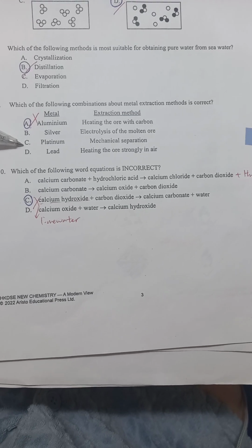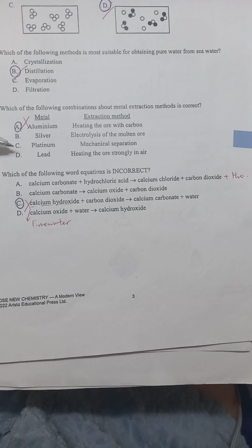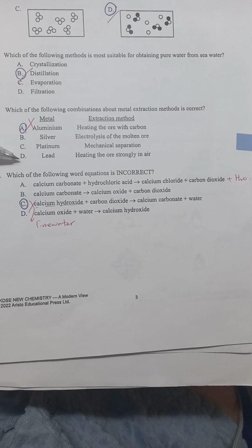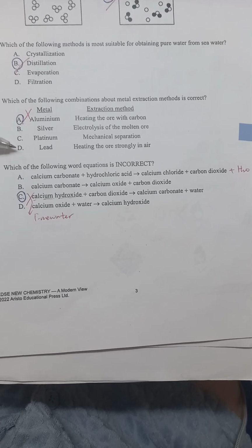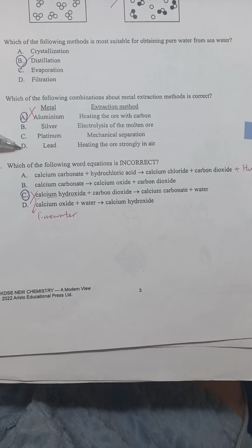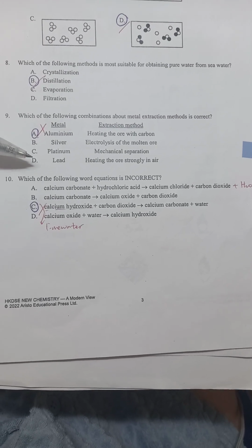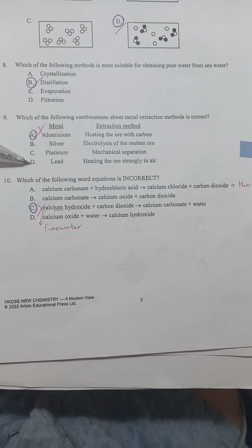So it can be collected by panning, mechanical separation. So that's why the correct answer is C. For lead, if you want to extract lead from lead oxide, you should heat the lead oxide with carbon. Okay, this is the so-called reduction method. So this is incorrect, not just by heating alone.